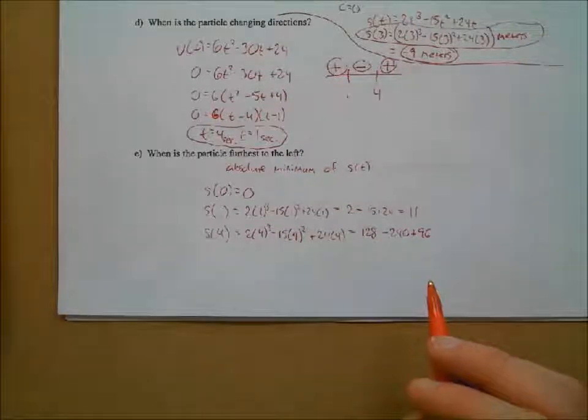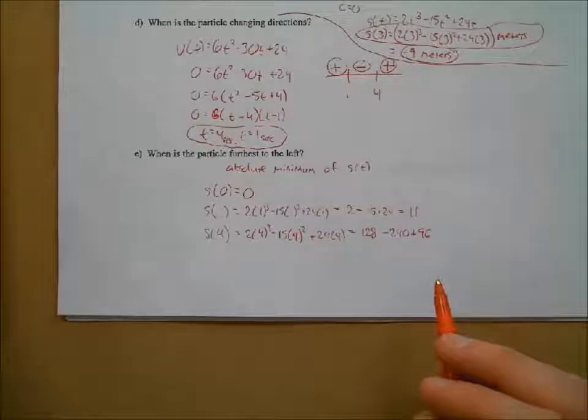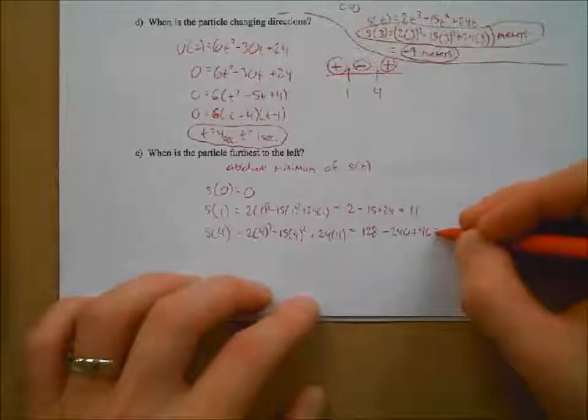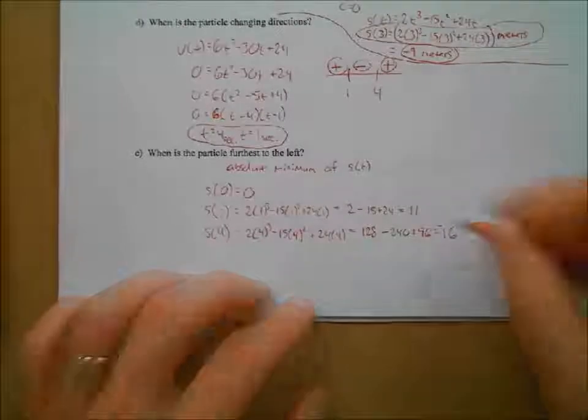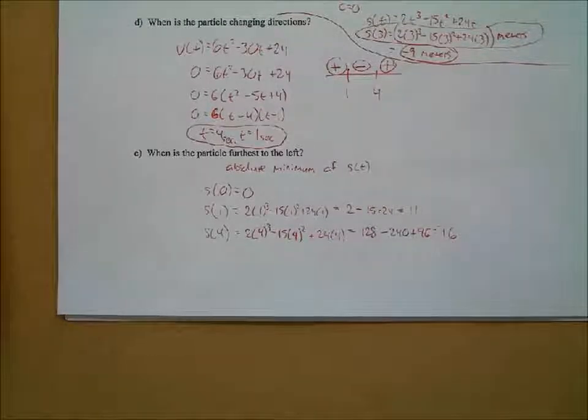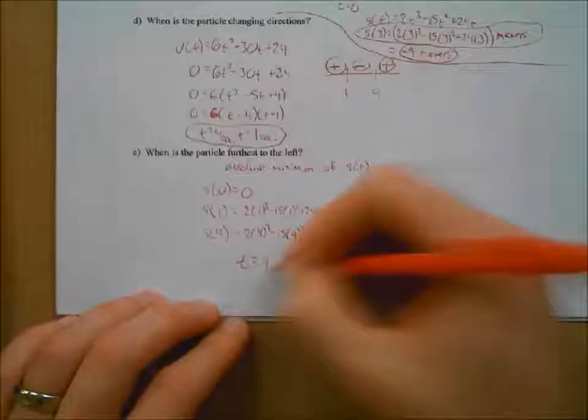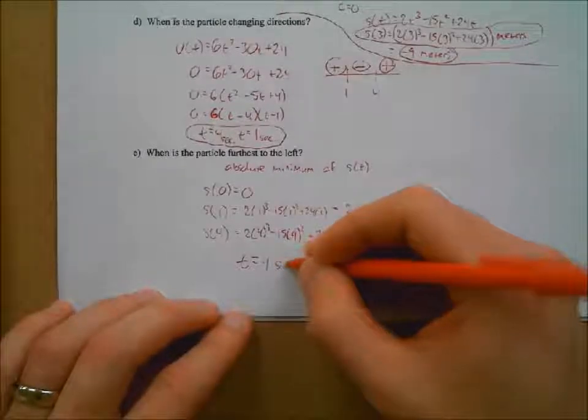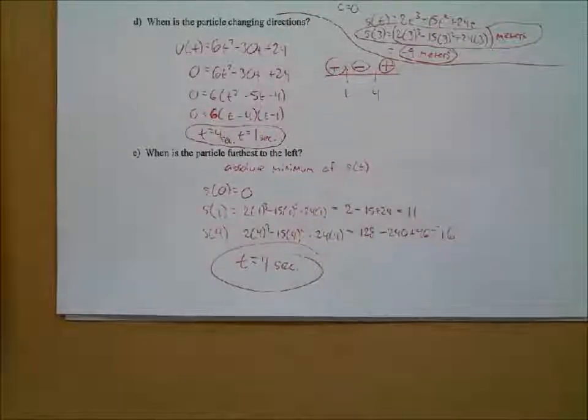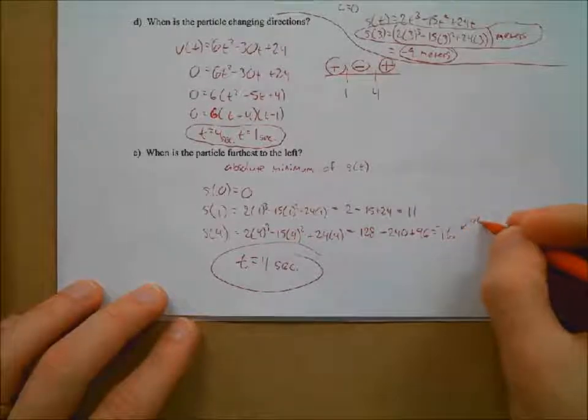But let's take a look. Oops, plus 128 minus 240 plus 96. Okay, negative 16. Okay. So when is the particle furthest to the left? T equals 4. Okay, seconds. So there it is. T equals 4. Okay, absolute minimum.